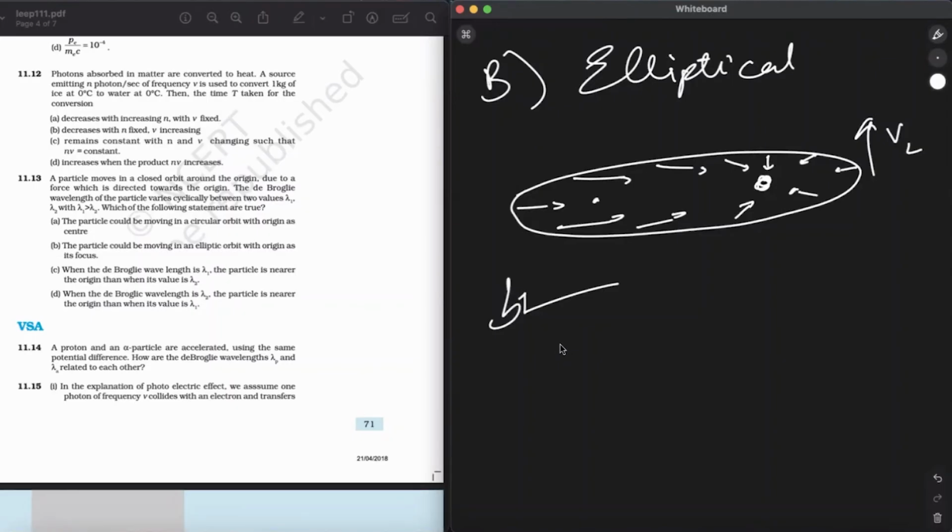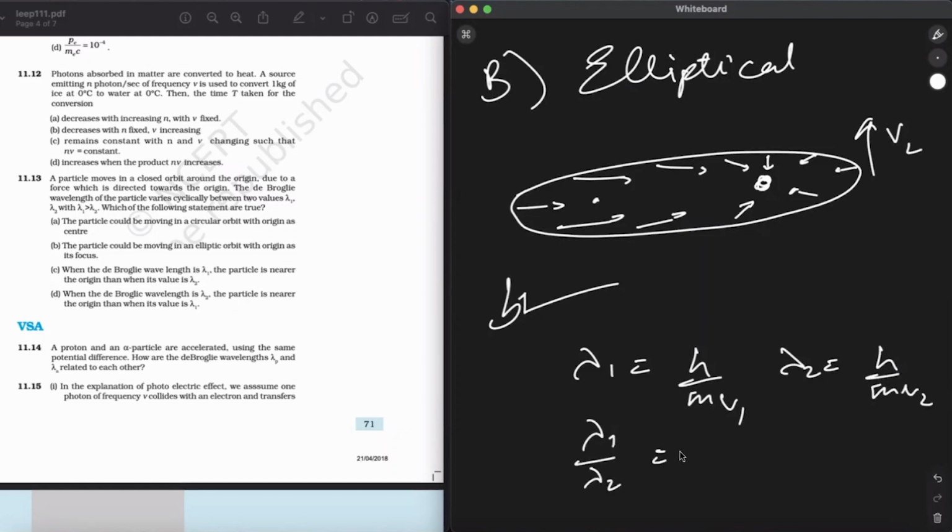What more have they given us? So if I say lambda 1 is equal to h upon mv1 and lambda 2 is equal to h upon mv2, then lambda 1 upon lambda 2 is equal to v2 upon v1. So if lambda 1 is greater than lambda 2, then v2 will be greater than v1.